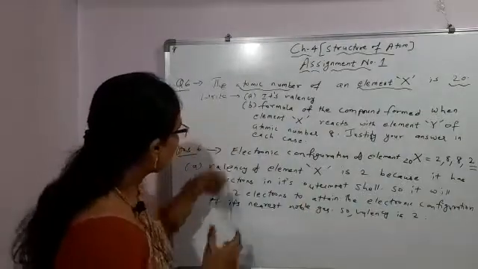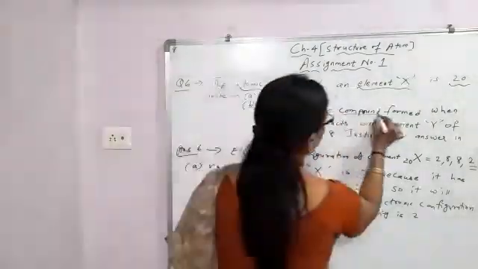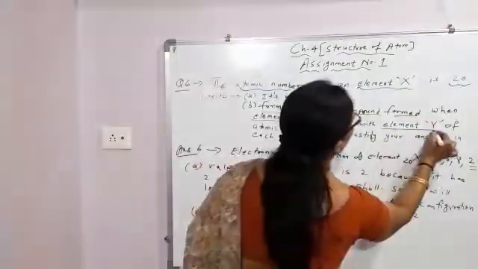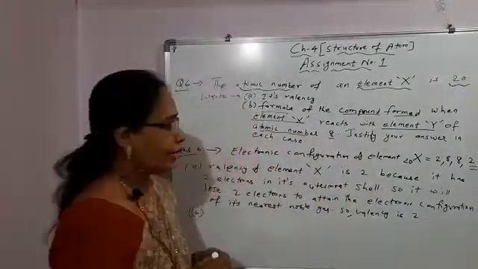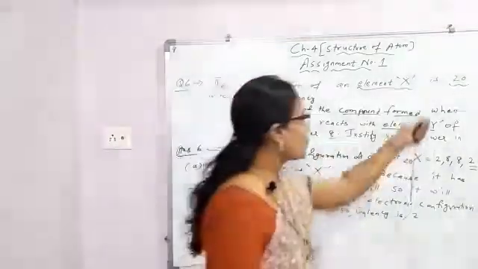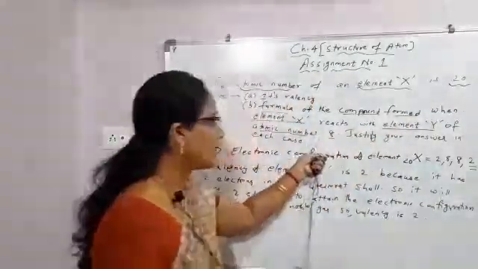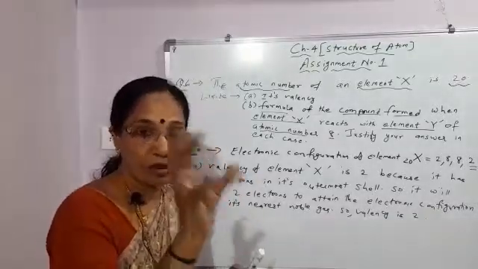Now, next part of your question is formula of the compound formed when element X reacts with element Y of atomic number 8. Element X, students, you know atomic number is 20 and element Y atomic number is given 8. When these two elements combine, you have to write the formula of the compound.